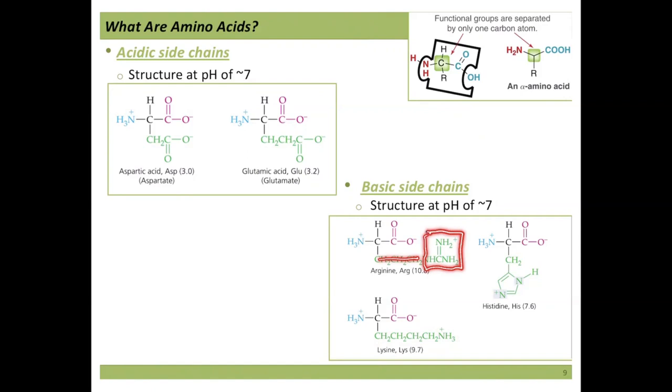It can still act as a base, and so it is classified in the basic amino acids. And then we have this cyclic histidine right here, and it also has a nitrogen that can act as a base. So those are all basic amino acids. Again, what they have in common is the nitrogen that can pick up a proton.